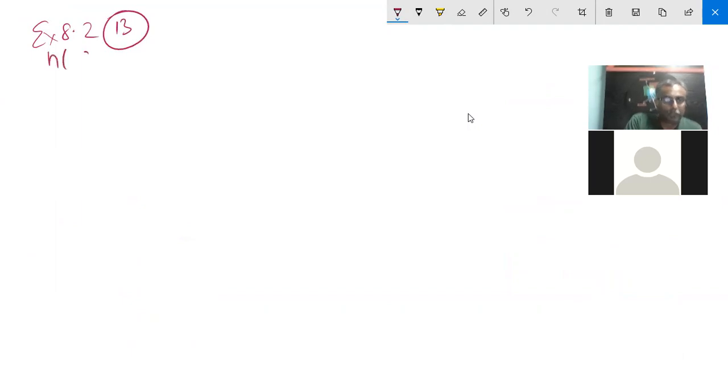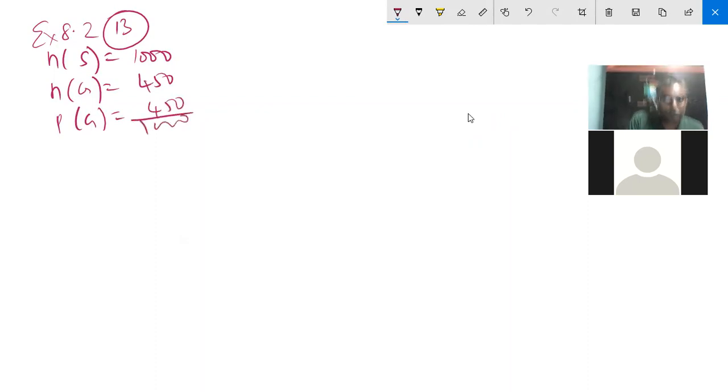Thousand students. N of S is equal to 1000 students, out of which 450 are girls. N of G is equal to 450. So the probability of a girl is equal to 450 by 1000, it is 0.45. It is known that 20% of the girls are studying in class 11.